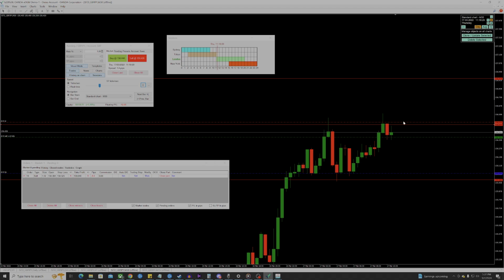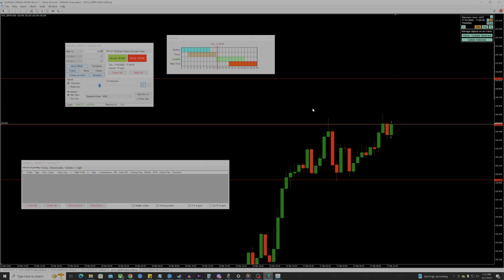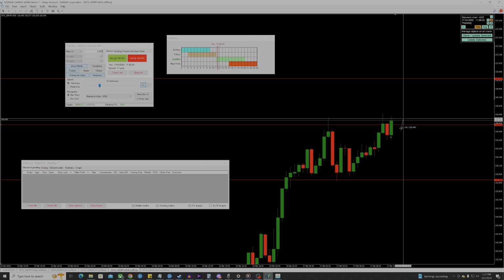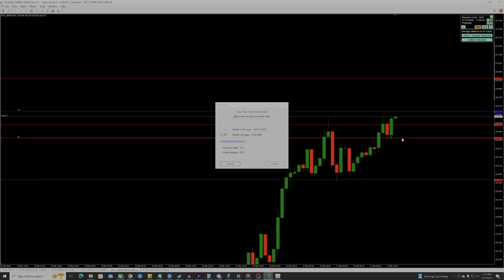So it's 1%. If we do break and close above the zone, we will take a buy, because if it was going to break down, it would have. But it did not. All right.